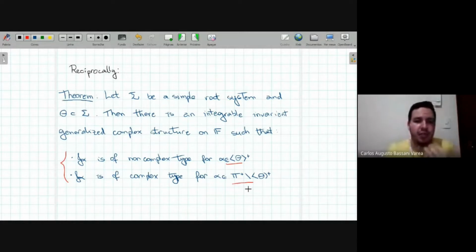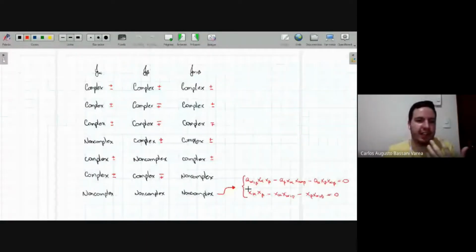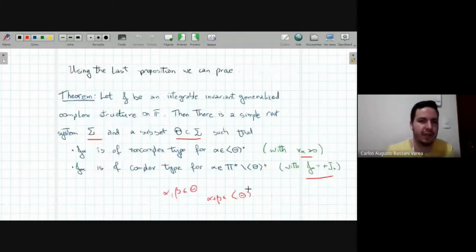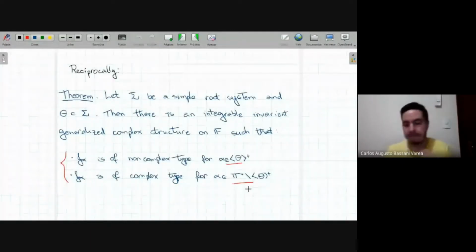So these two theorems contain all the information that we had in this table here. We were able to put this table into theorems, which are these two.